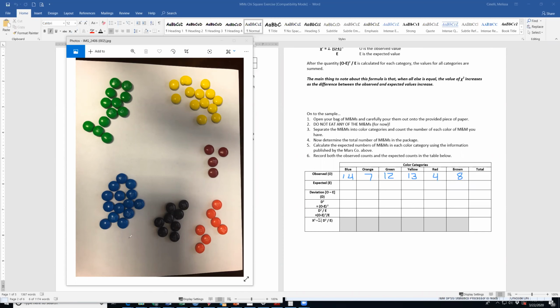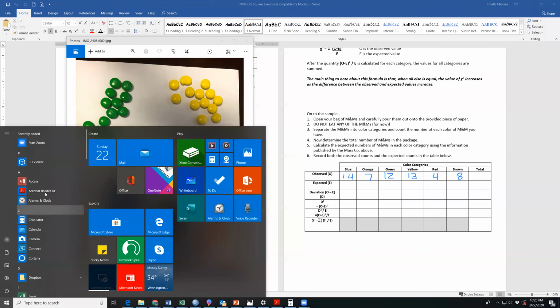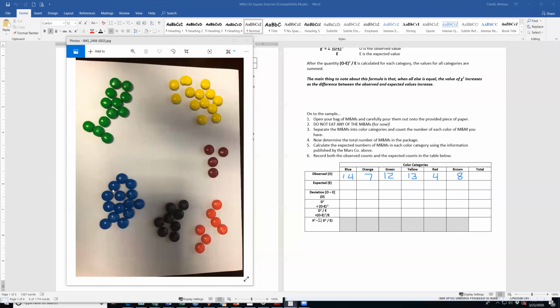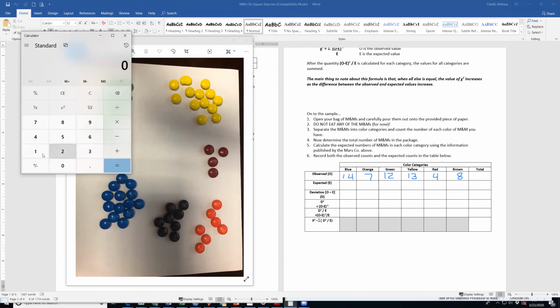And if I can pull up the calculator down here, the total number of M&Ms in my bag was then 58 M&Ms. So I'll write 58 as my total over here.